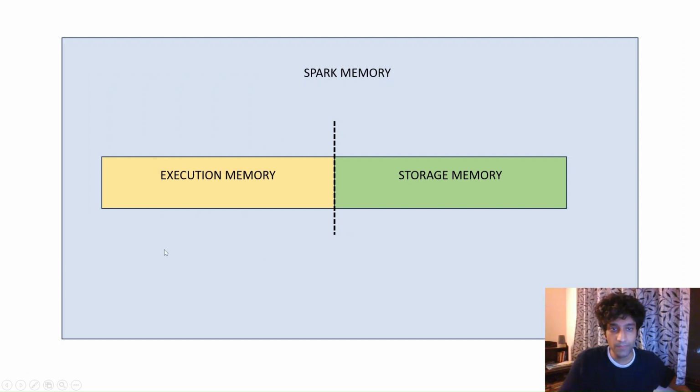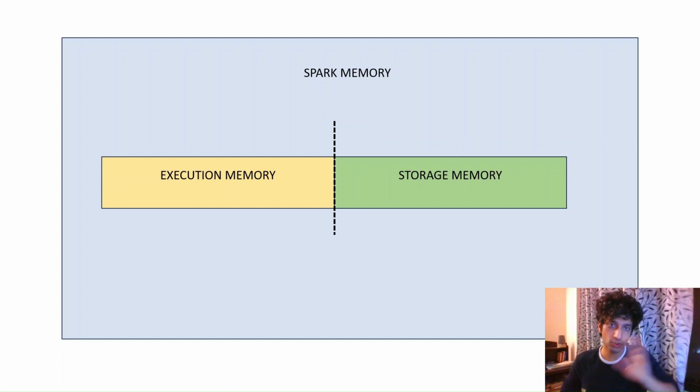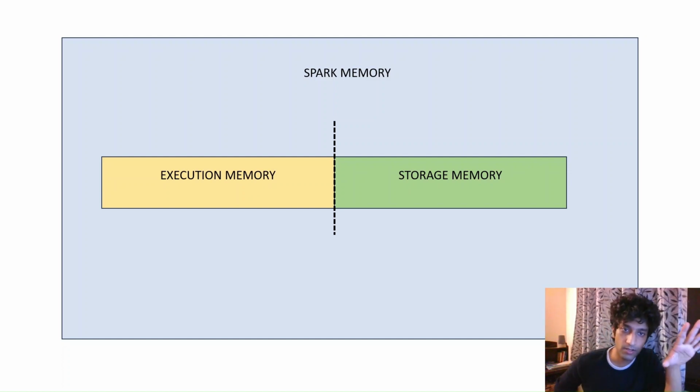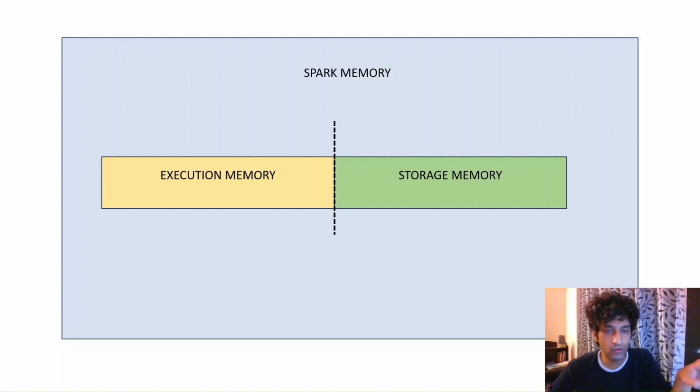Inside that Spark memory, we do have two blocks, which is execution memory and storage memory. Everything we cache or persist is stored in storage memory, and execution memory is where execution happens.